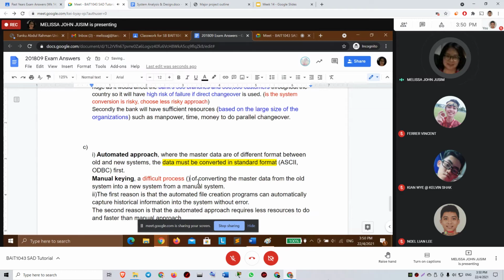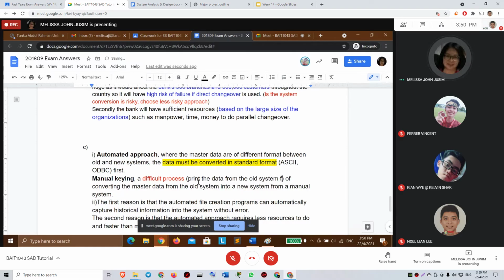First, you need to print the data from the old system, okay, and then after that, key in manually using the printed data into the new system.